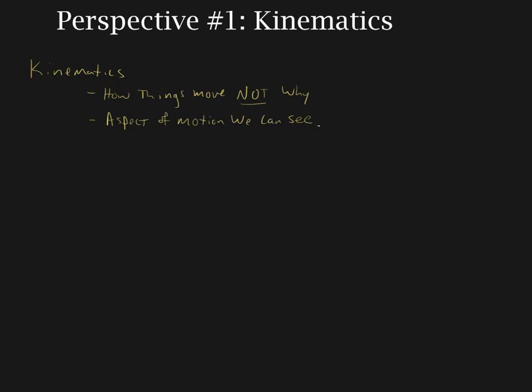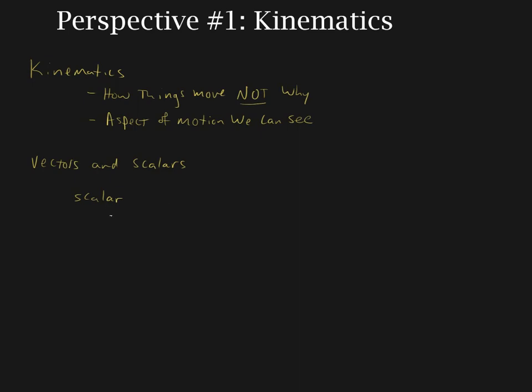Now, before we can have a meaningful discussion about kinematics, we first have to talk about vectors and scalars. A scalar quantity is basically just a number. It tells you how big something is, and that's all it does.